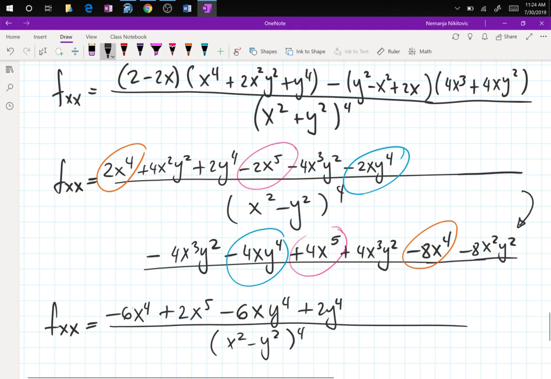What else do we have? X squared y squared, x squared y squared. There it is. So minus 4x squared y squared. X cubed y squared, they cancel. These two terms, they cancel. And the only thing that is left is this single negative 4x cubed.